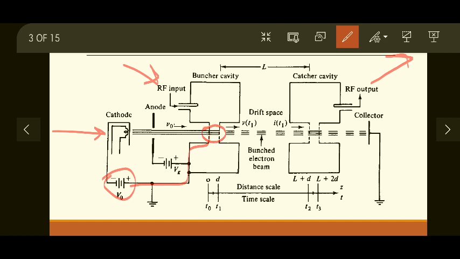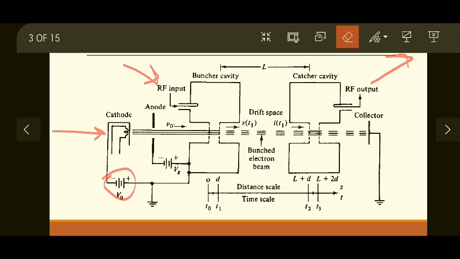Now this will generate a magnetic field, and this magnetic field which appears across this drift space will focus this electron beam through the length of the tube towards the catcher cavity. So the magnetic field is responsible for focusing the electron beam through the drift space towards the catcher cavity. That is how the beam will travel through the drift space.